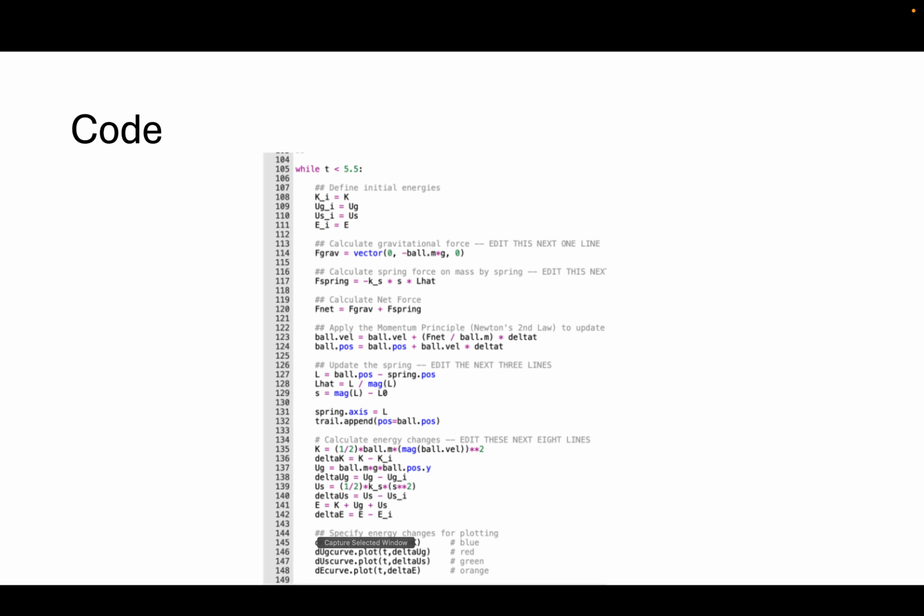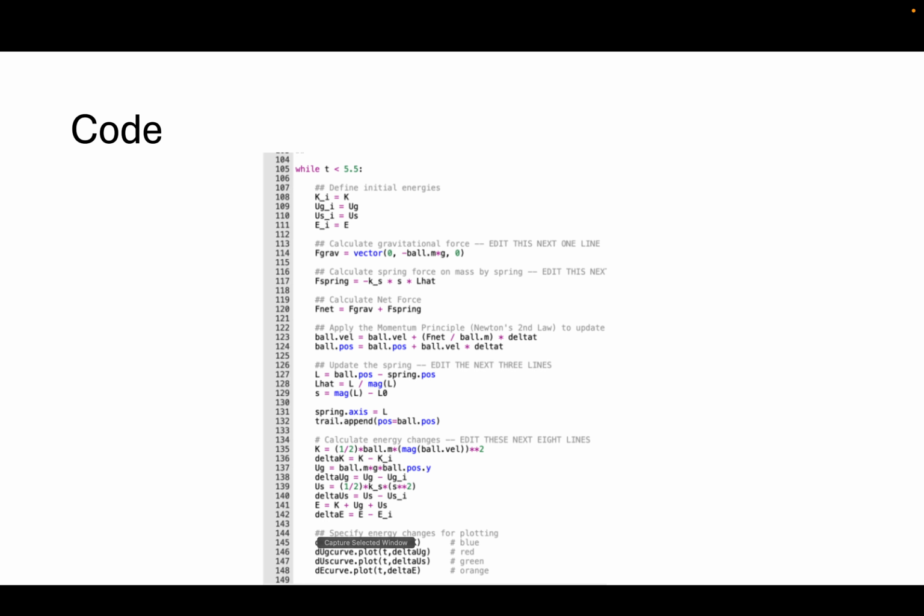And then this is the actual loop. So we're looking at F grav. So we have gravitational force, we have spring force, and then we have net force, which is just the sum of those two. Also, then we apply the momentum principle, so Newton's second law, and that updates the position of the ball, or spring in this case, or sorry, mass.